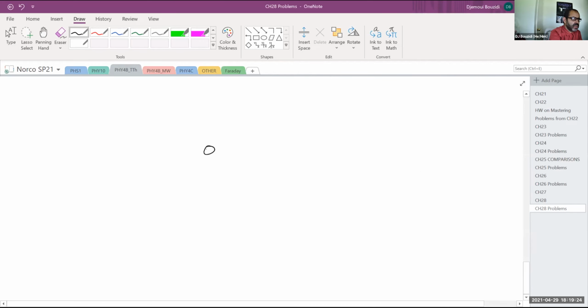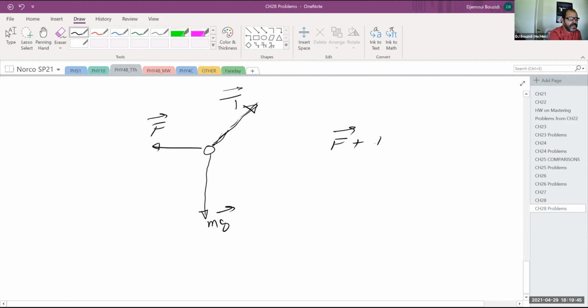So from that perspective, this wire looks like this. Tension T. This is the free body diagram, by the way. mg, and the force F. This is a static equilibrium, so the sum of the forces is equal to 0.